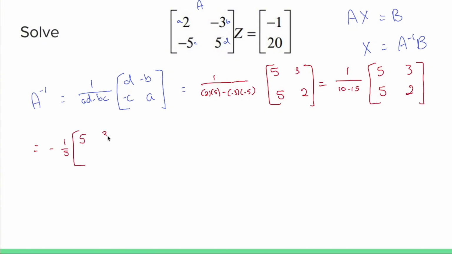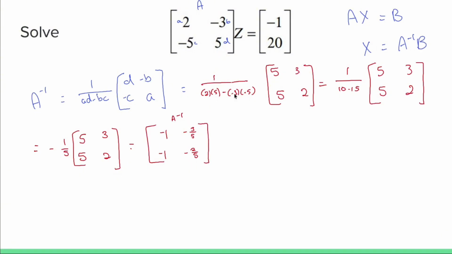The 5 is fine, the 3 is not fine, the 5 is fine, the 2 is not fine. So multiplying everything by negative 1/5 is going to give me the matrix negative 1, negative 3/5, negative 1 again, negative 2/5. All right, so that's A inverse now.